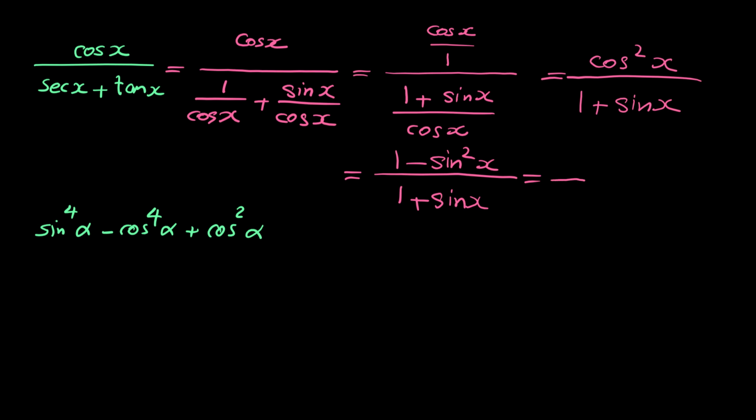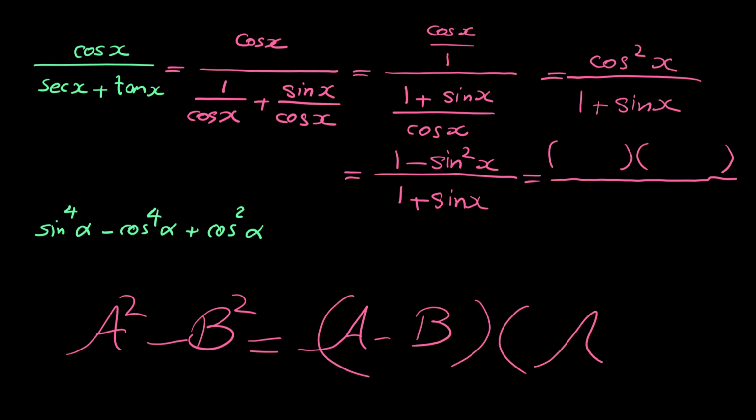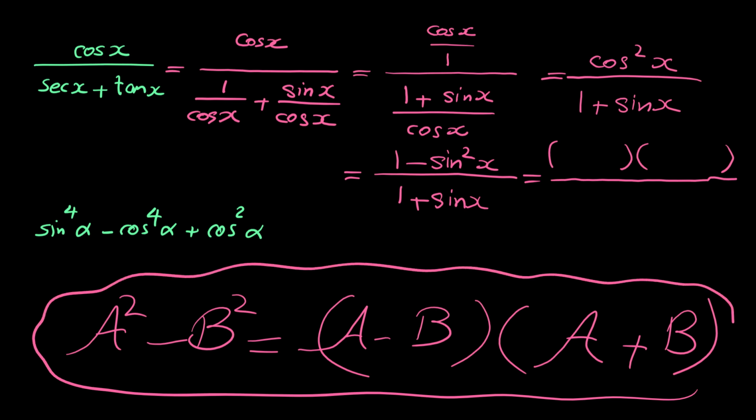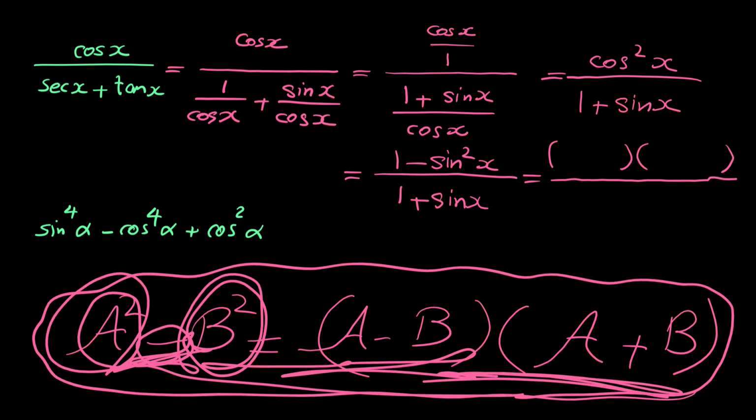Now here you have to remember one of the most important identities in algebra. A to the 2 minus b to the 2 is a minus b times a plus b. Hopefully you remember this identity, the difference of squares identity.